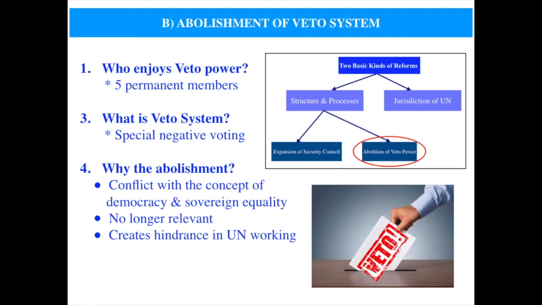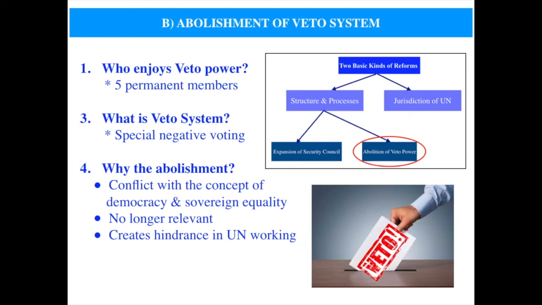All right. Now, the next question we have is, why the need for the abolishment of this veto system? Now, many believe that this veto power is in conflict with the concept of democracy and sovereign equality in the United Nations. And as such, they thought that the veto was no longer right or no longer relevant.